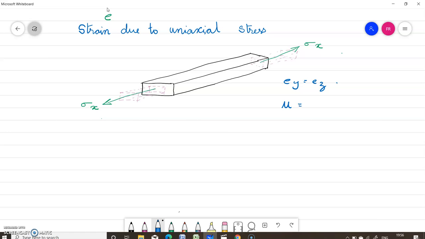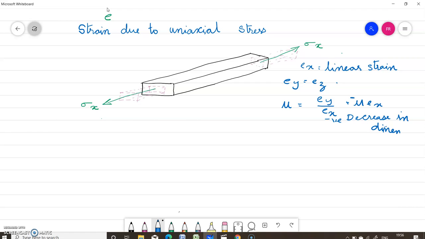Poisson's ratio is lateral strain divided by linear strain. If Ex is the linear strain, the lateral strains will be the same and that will be equal to mu into Ex. Okay. So since this is contraction, you can write here a negative sign for contraction or decrease in dimension, and positive sign for increase in dimension.